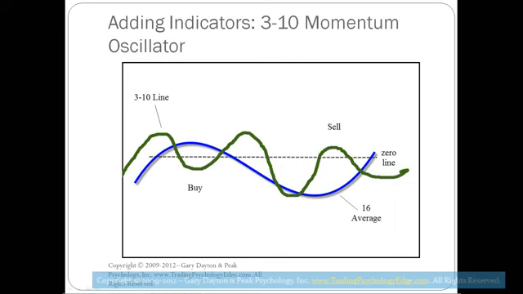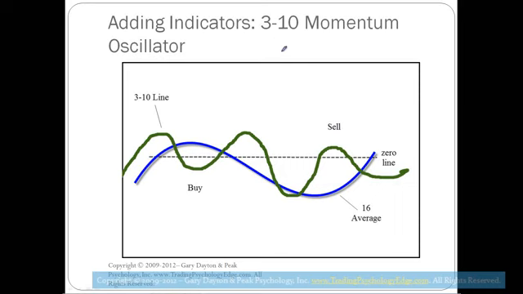What I know is I've been using the 310 oscillator since 1999. So that's the one I'm familiar with. I'll show you this tonight, and I'll show you the Weiss wave, and we'll do a little bit more on the exponential moving average because it helps to use the EMA with the 310.